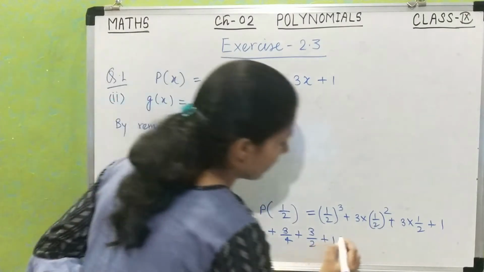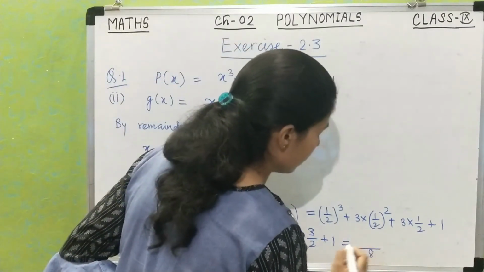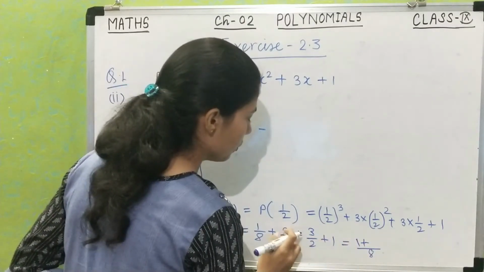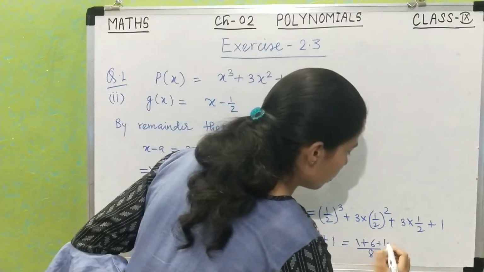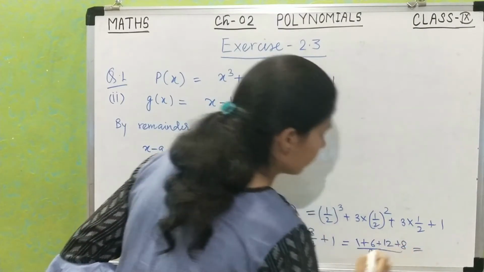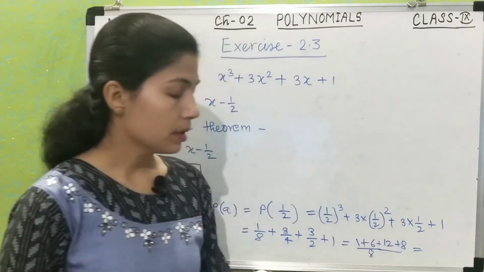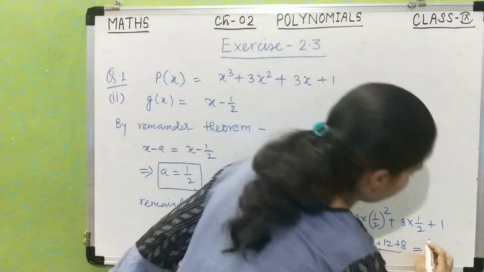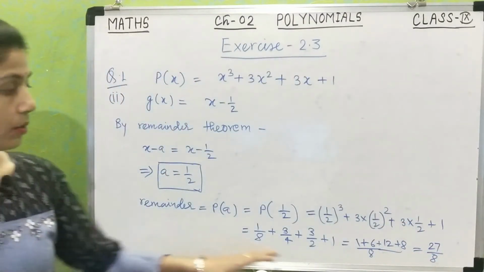If you add this, first you will take the LCM, so the LCM will come as 8. So 1, plus 4 2s are 8, so 2 3s are 6, plus 2 4s are 8, so 4 3s are 12, and 8 1s are 8, so here it comes as 8. Now see, 6 plus 1 is 7, 7 plus 8 is 15, 15 plus 10 is 25, plus 2 is 27.